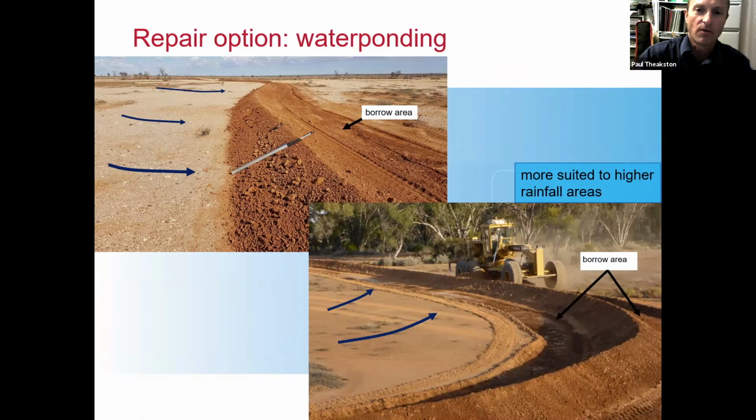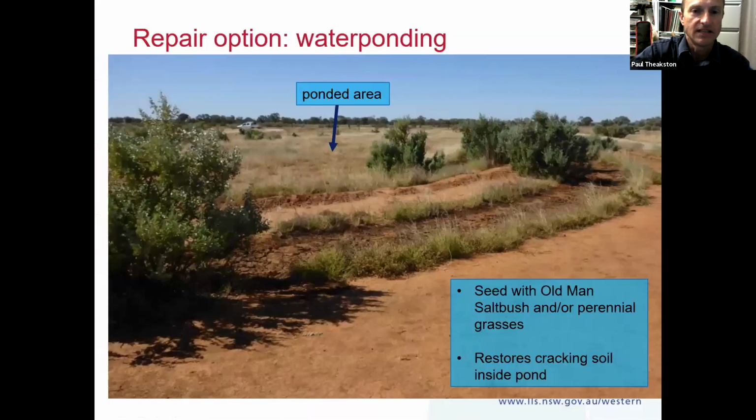Whereas in high rainfall areas, you can build them from both sides, inside and out, like that bottom photo. And that allows for a bigger bank to be built, but it also requires more rain in order for the pond to actually fill up. But yeah, higher rainfall, I'll be building them from both sides. And with the ponds, we're also seeding them with old man saltbush or perennial grasses.